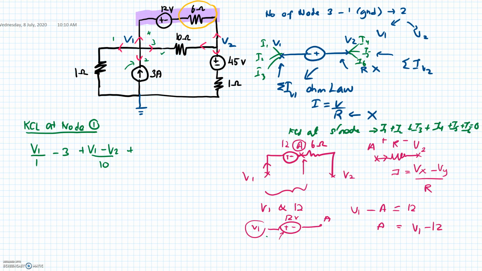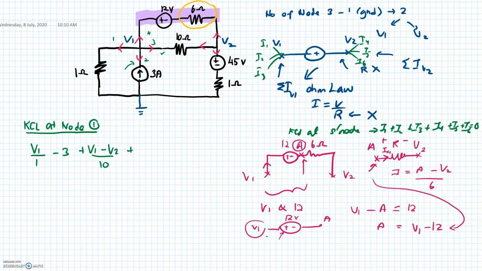So you already know here is V1 minus 12. Okay, so in order to know the current that flows here, I4, it is A minus V2 over R, which is 6.